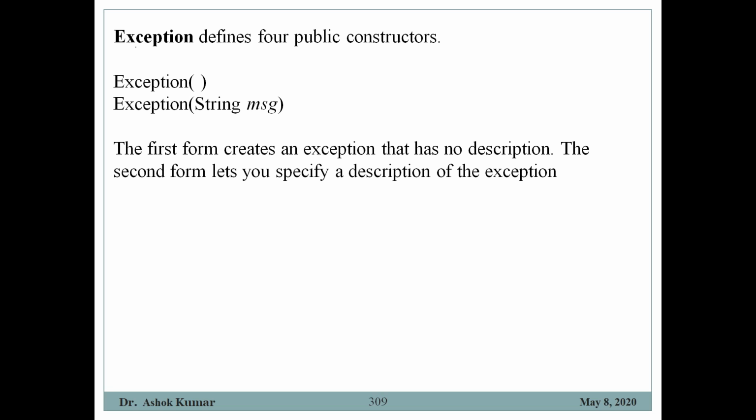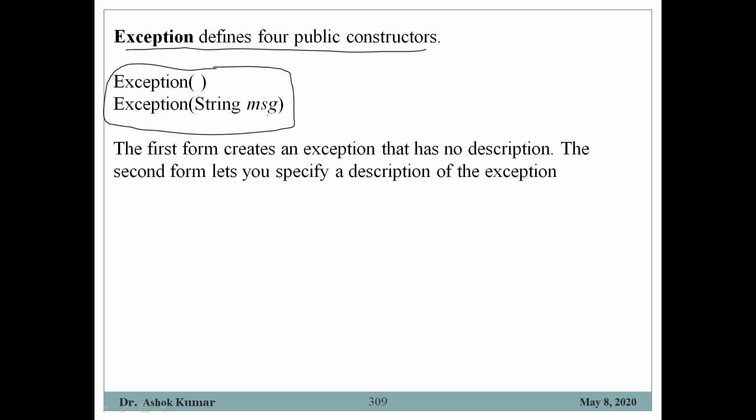Basically, the exception class has 4 public constructors. Out of those 4, I have shown 2 over here. One is the constructor that is not parameterized. The other is the constructor with parameters.